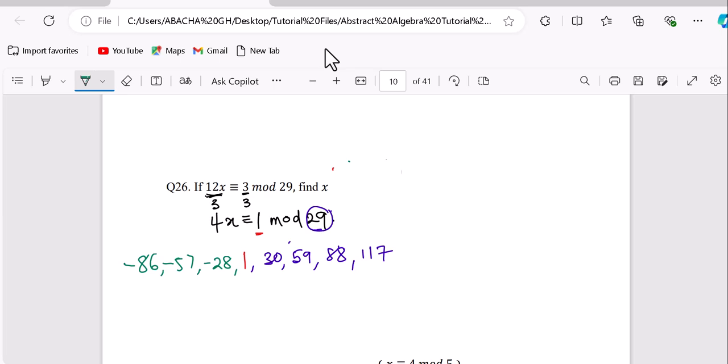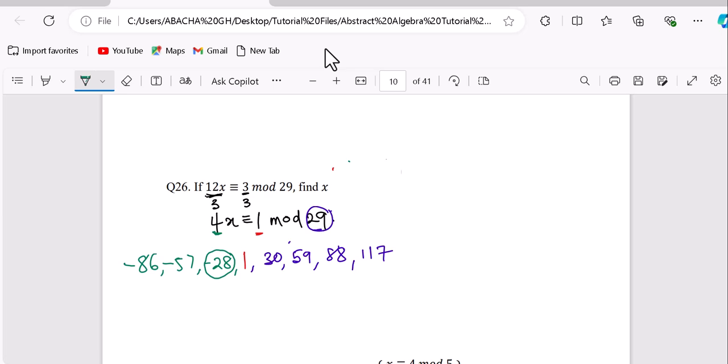But we are looking for a number that is closer to 0 in this sequence. If we look at the numbers, negative 28 is closer to 0 and it is divisible by 4. The idea is that we are looking for a number that is closer to 0 and is divisible by the number that is here. That is why we are listing all these numbers.